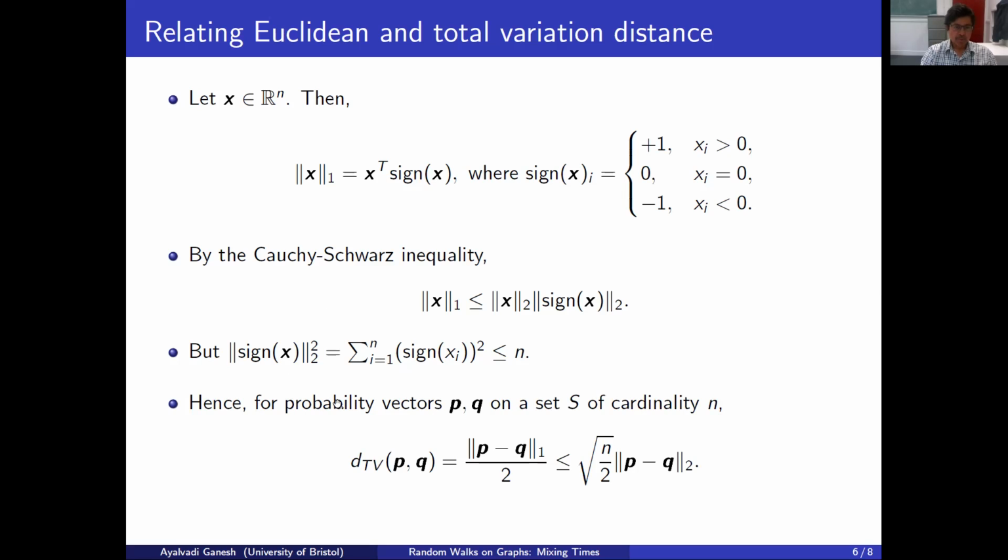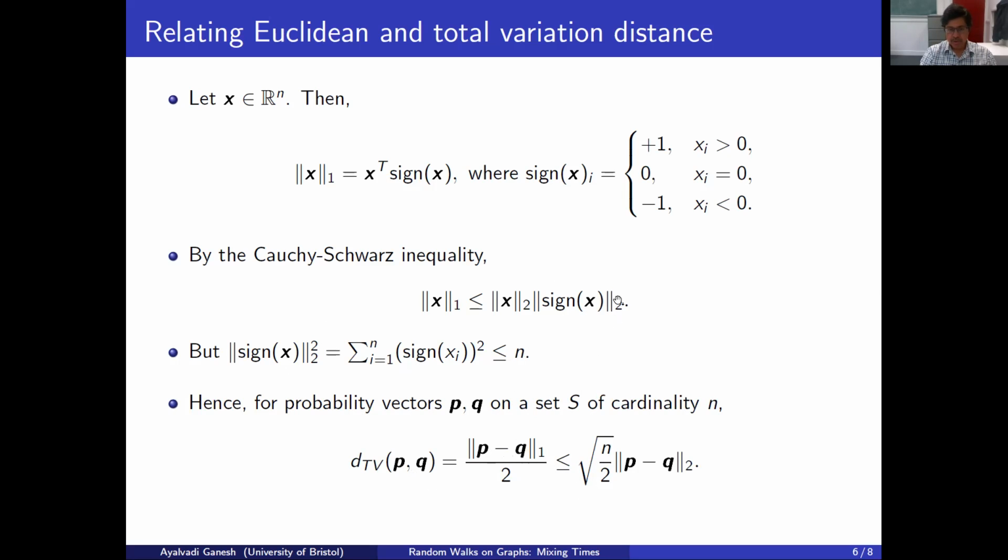So what have we shown? We've shown that for probability vectors P and Q, the total variation distance between them, which is half the L1 norm, is bounded by, okay, this half should be outside the square root.